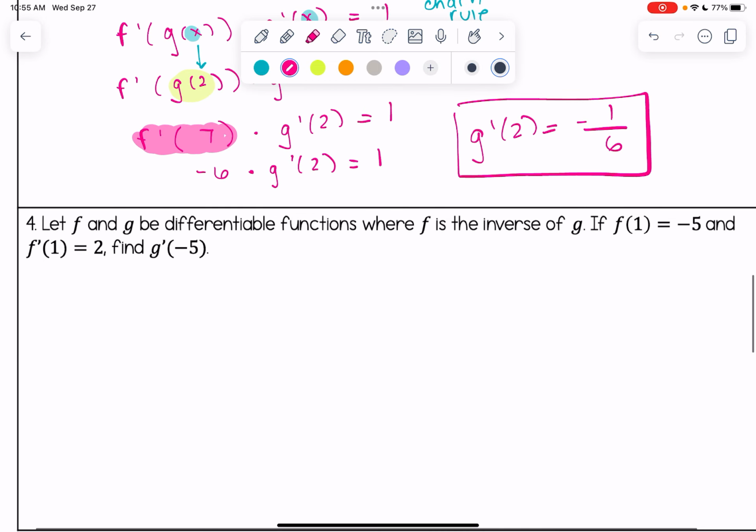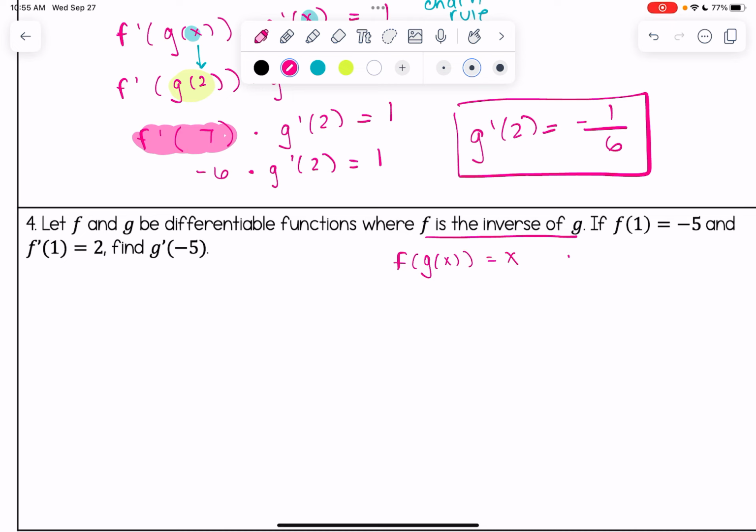So 4 says let f and g be differentiable functions where f is the inverse of g. If f of 1 is -5, f prime of 1 is 2, find g prime of -5. Okay, so notice one difference here is that we are not given that composition here, but since we know they are inverses, we know that f prime of g of x is equal to x.